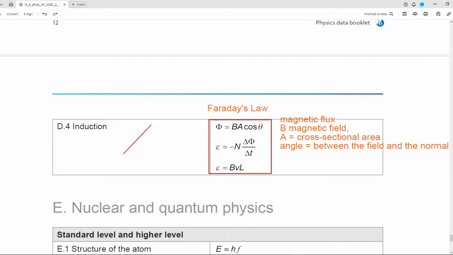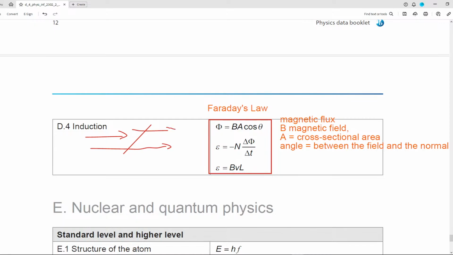So this surface, imagine the plane. It's three-dimensional, so it goes in and out of the page. Then you have your magnetic field lines going this way. They go right through.